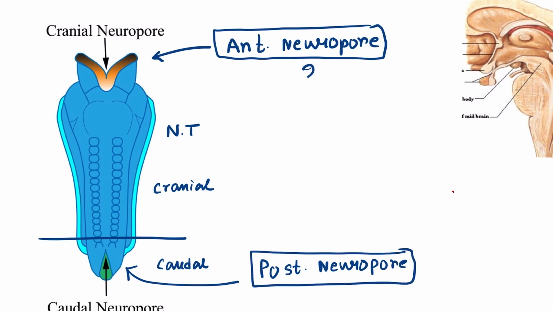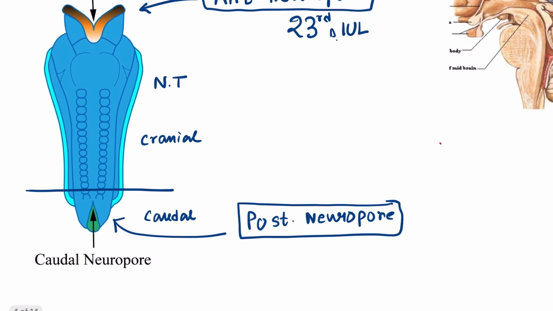The anterior neuropore closes by the 23rd day of intrauterine life, and the posterior neuropore closes by the 27th day of intrauterine life.